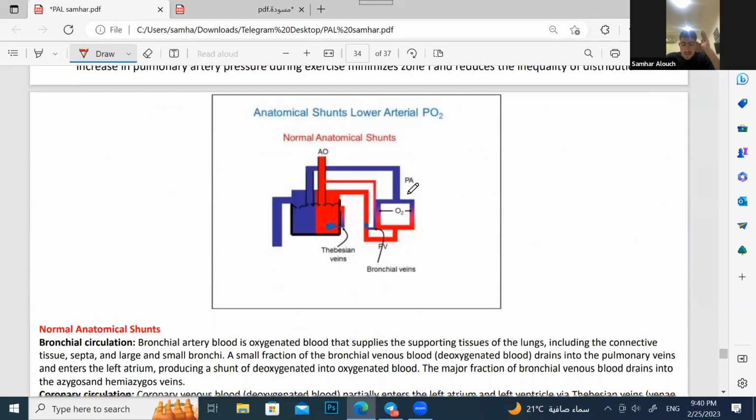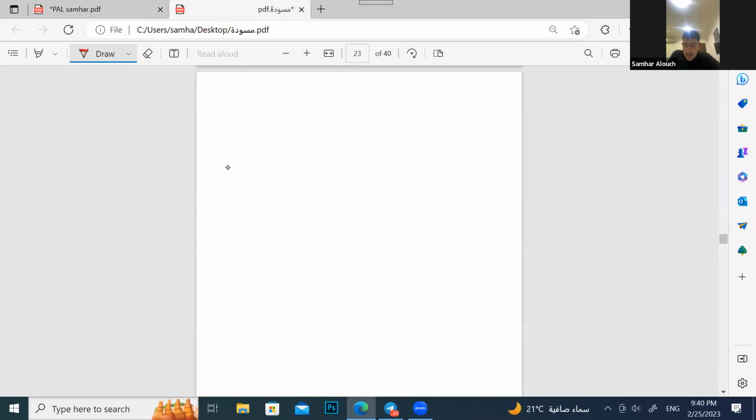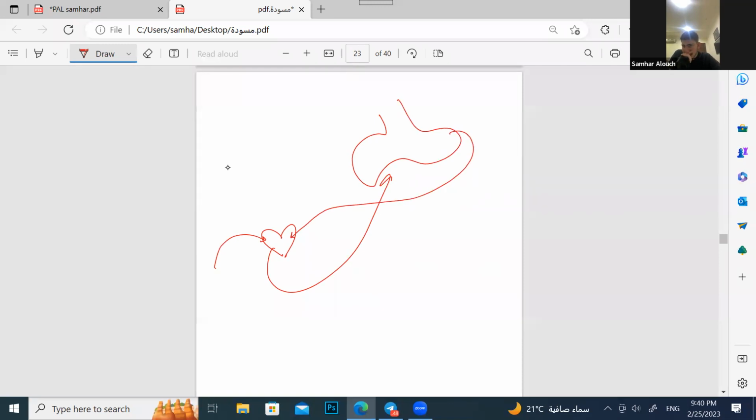And now the last thing, the anatomical shunts. Normally, we have the heart receiving blood from the veins, then sending it to the lung. From the lung, a pulmonary vein goes to the left atrium, from the left atrium to the left ventricle, and from the left ventricle to the whole system.